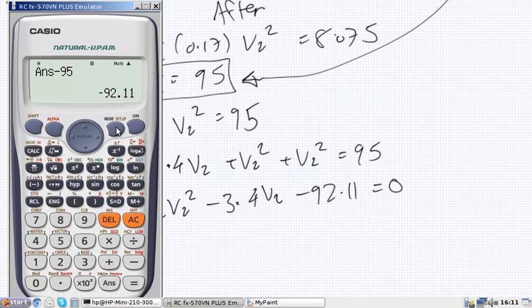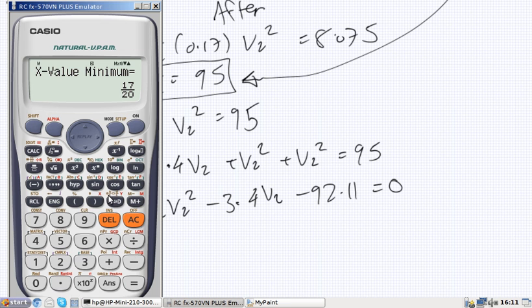So on the calculator we get putting in A, putting in B, putting in C, and we get two answers, a positive answer and probably a negative answer.